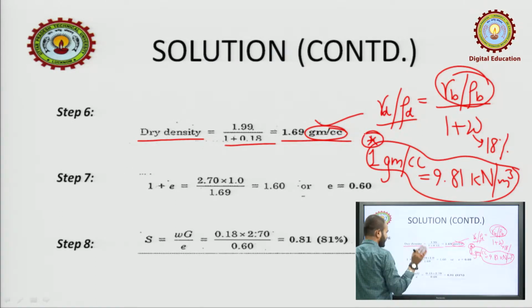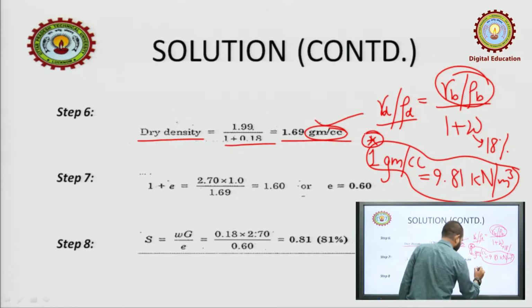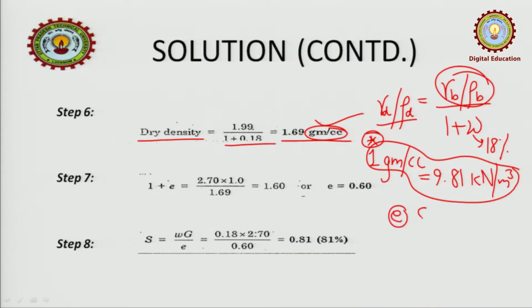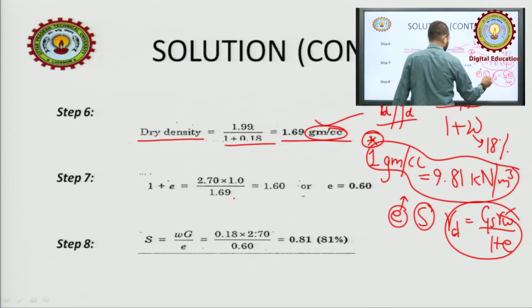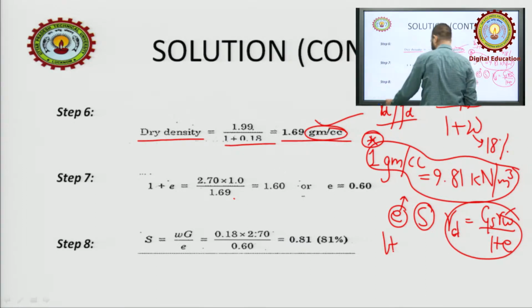Now finally we are to find the void ratio e. e and S, two things are now remaining with us. First of all we will find out e. How will we find it? You remember perhaps the formula gamma d is equal to Gs gamma w upon 1 plus e. You have just found the dry density, and gamma w you already know.